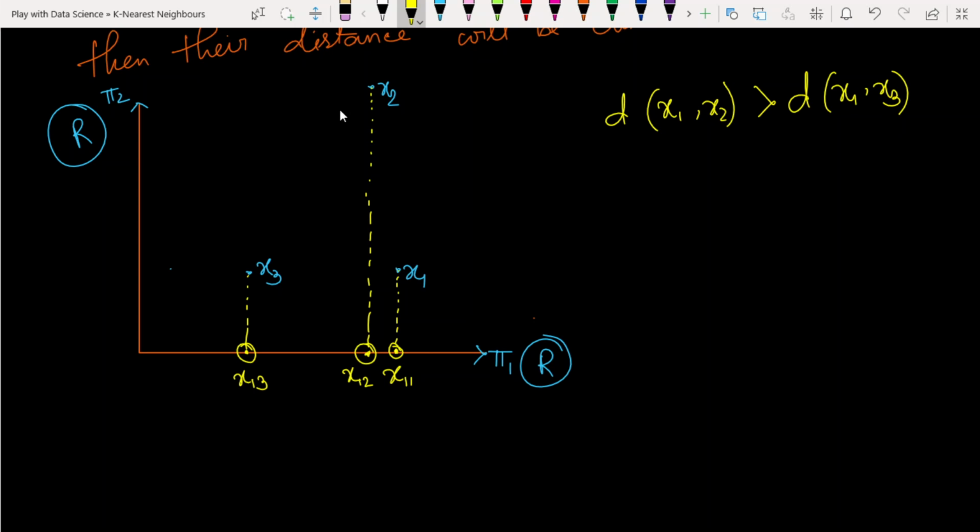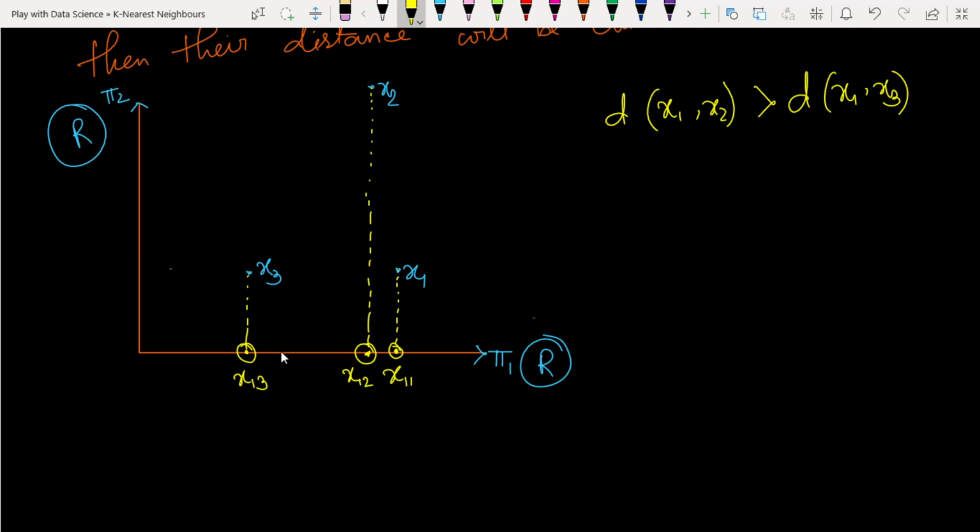This is simple. If you take the Euclidean distance from x12 and x13, the x12 distance will be larger. But when we project onto this plane pi 1, the hash value distance will be closer.